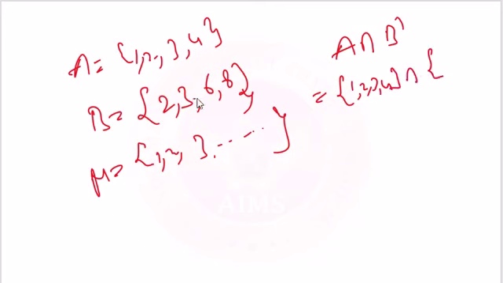What is B dash? B dash means not in B, but present in mu. So 2, 3, 6, 8 we won't take; 1 will come, 4 will come, 5 will come, 7, 8, 9 and like that, all other elements will come.